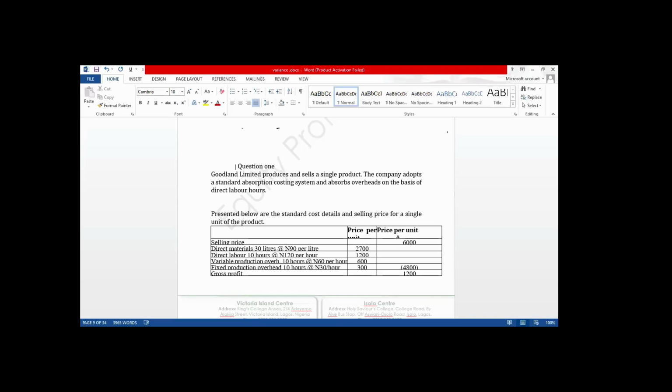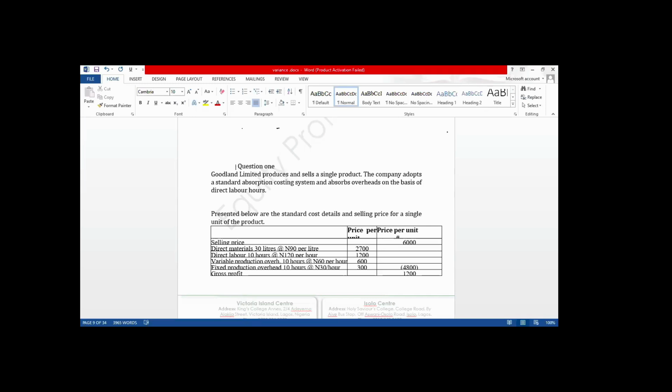If I multiply 30 liters by 90 naira, I will get 2,700. That is direct material cost per unit. So please, learn how to differentiate between cost per liter, material cost per liter, and material cost per unit.